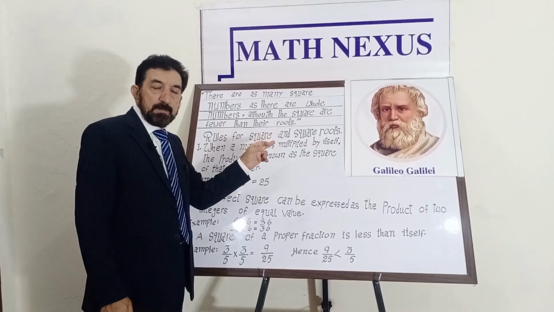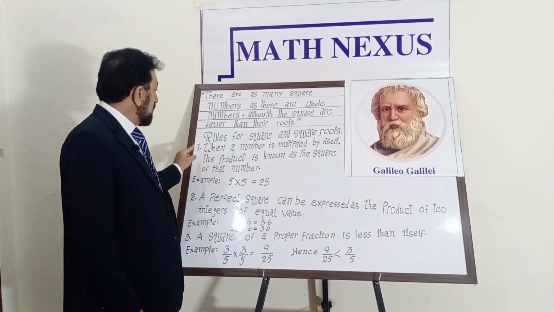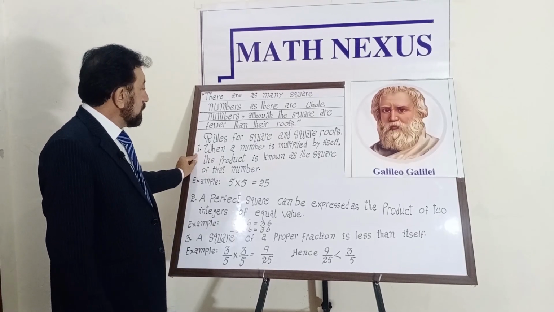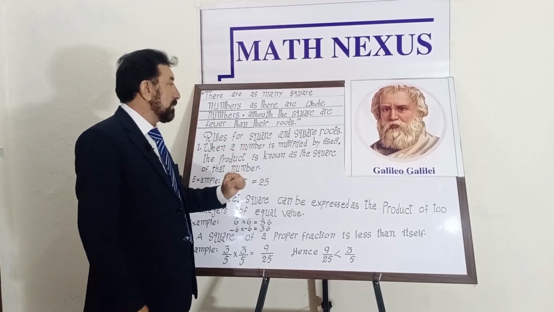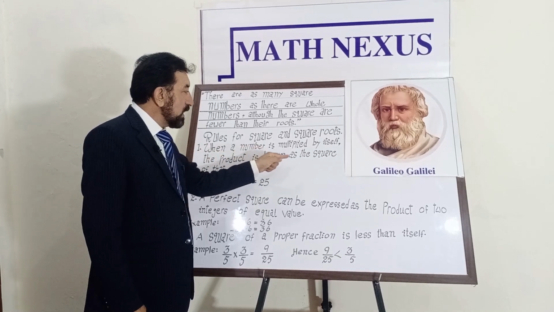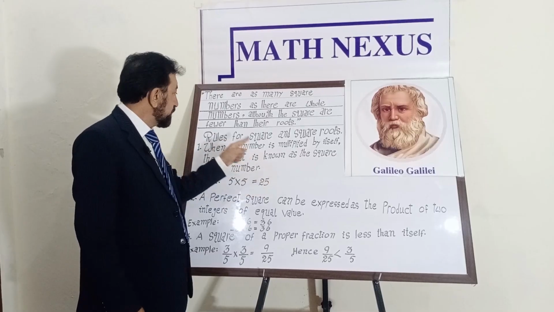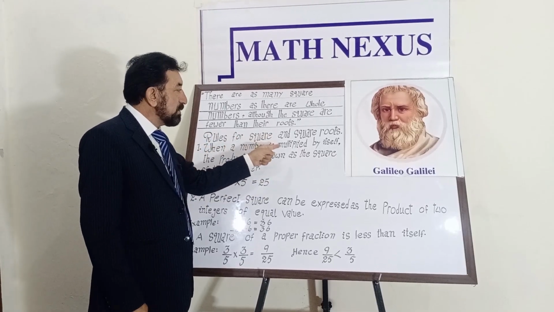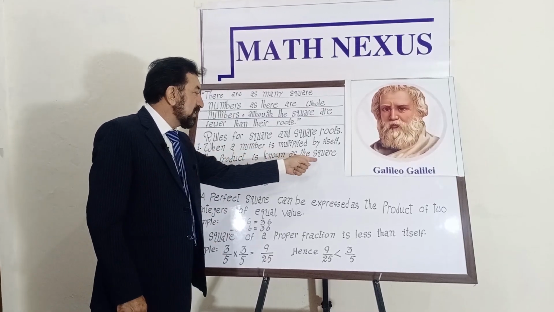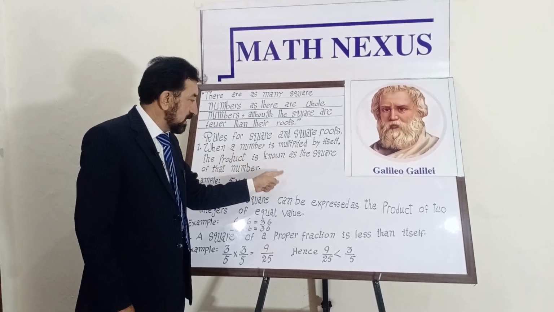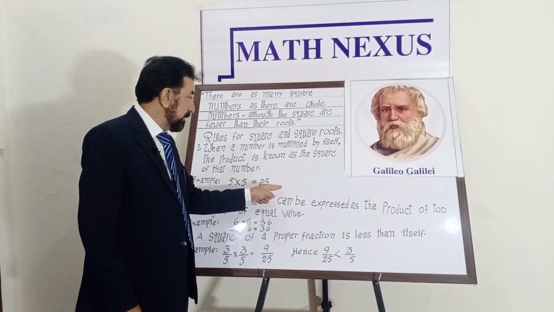Now we will explain square and square roots. First of all, the first rule of today's topic is when a number is multiplied by itself, the product is known as the square of that number. For example, 5 into 5 equal to 25.